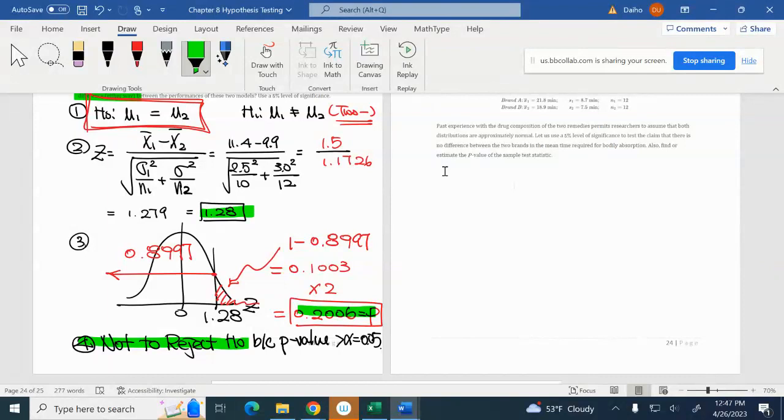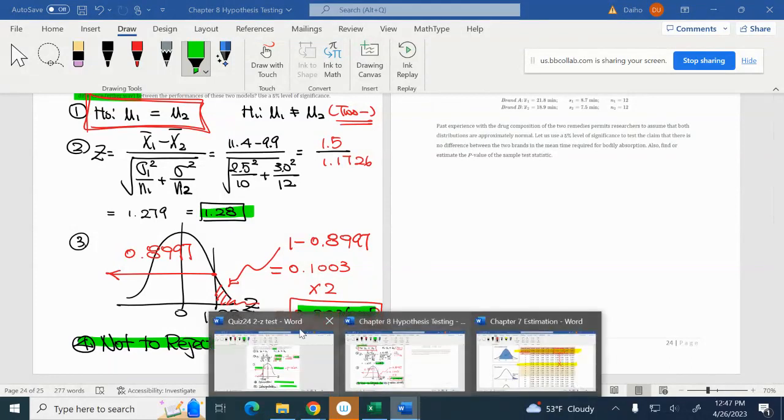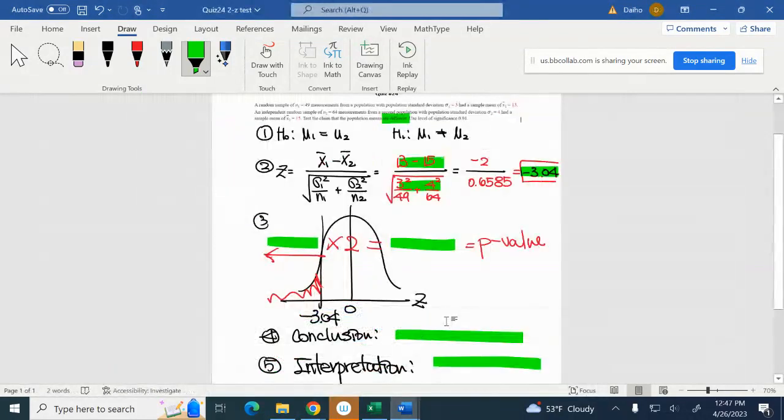So please remember, it is 2 tails, so we can take either tail, then twice. You understand what I'm saying? So in the quiz, we don't have to do 1 minus. If that had been a positive 3.04, we would have subtracted from one, because we need the right tail probability.